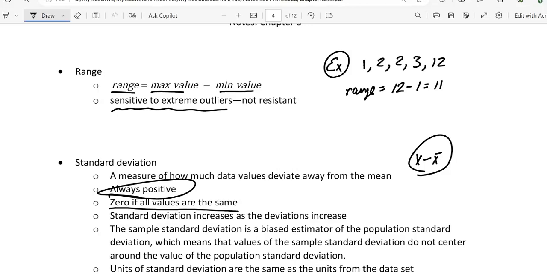So a proportion would be an unbiased estimator. A mean is an unbiased estimator. But it turns out the standard deviation is not an unbiased estimator. It actually has some bias in there. Now, it's not terrible. We can do some tweaking to make it usable for us, and we'll talk about that later in the course.